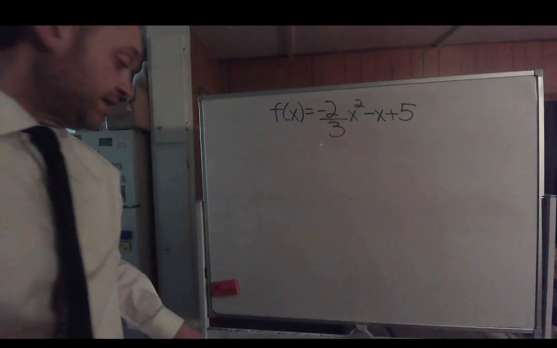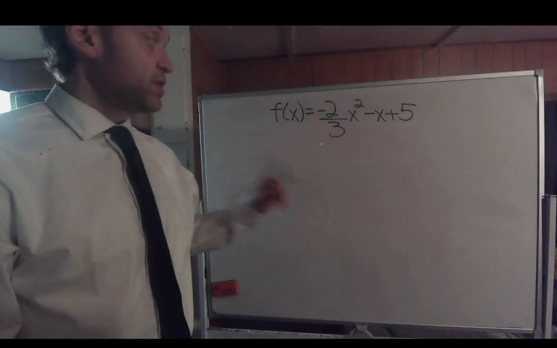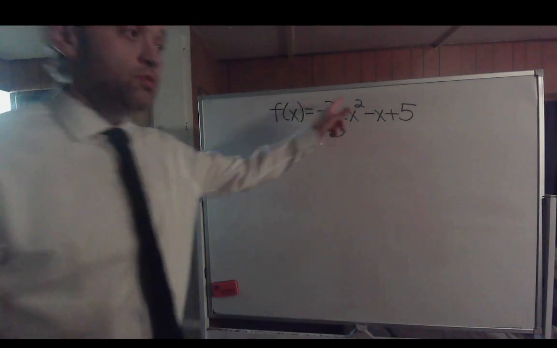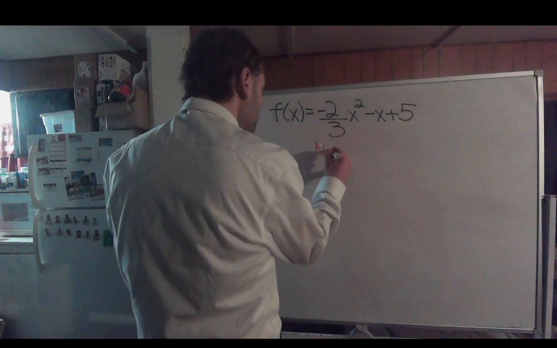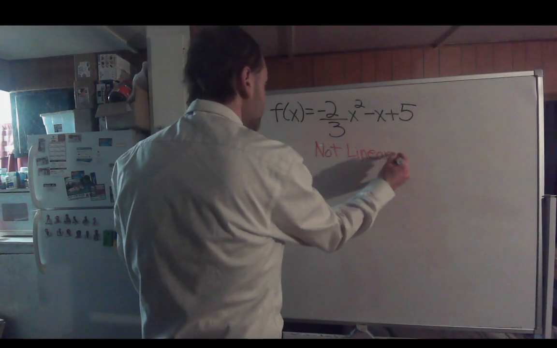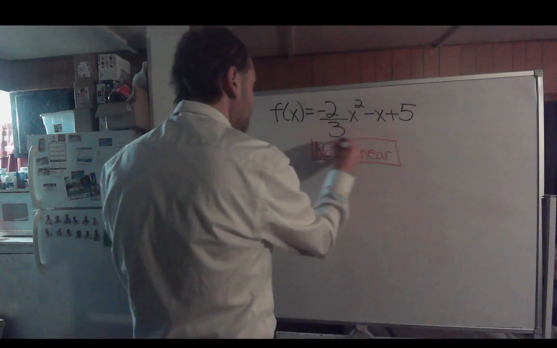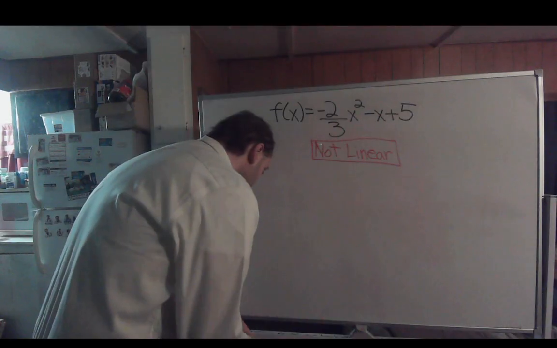Is this a linear function? What's the degree of the equation? It's a 2. You have a degree of 2, so this is definitely not linear. So this is not a linear function. It's a function, it's just not linear. It's actually a quadratic function, but we'll get into that later.